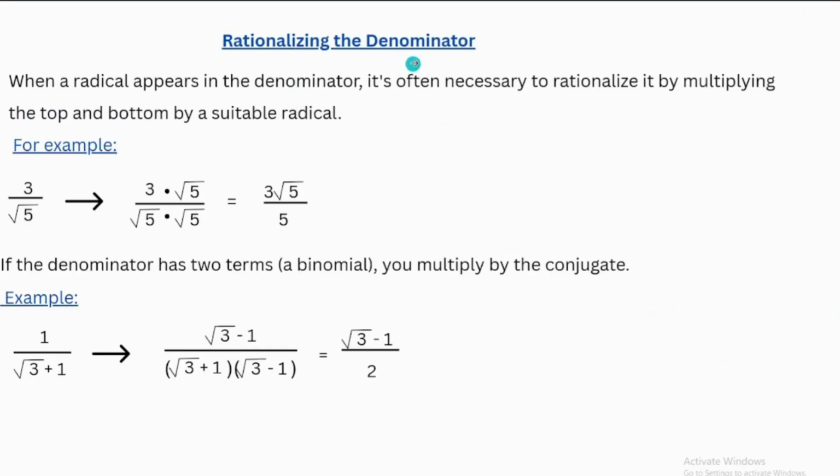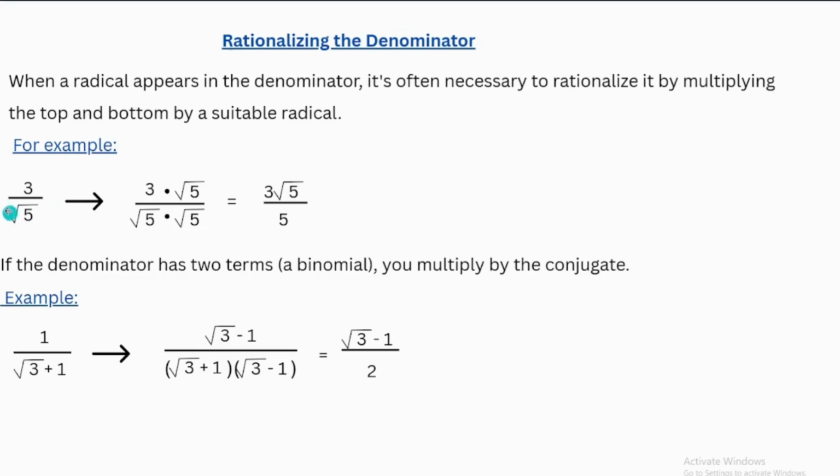Rationalizing the denominator. When a radical appears in the denominator, it's often necessary to rationalize it by multiplying the top and the bottom by a suitable radical. When we find a root in the denominator, this is not the simplest form.